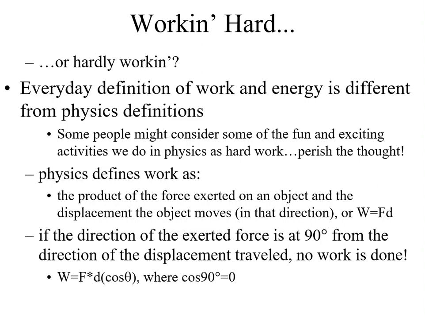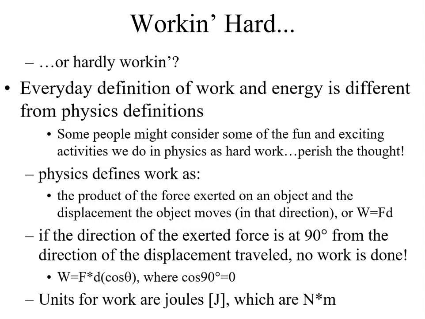What? I know. But if I do this huge force and huge displacement, and the force and displacement are parallel to each other, in other words the angle is 0 degrees, what's the cosine of 0 degrees? 1. It's positive 1.